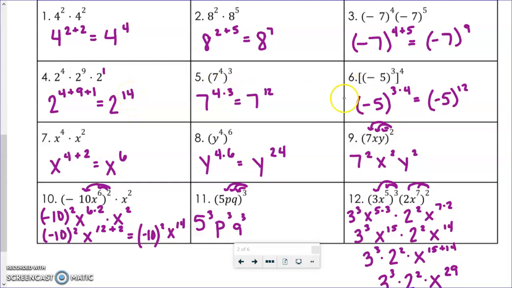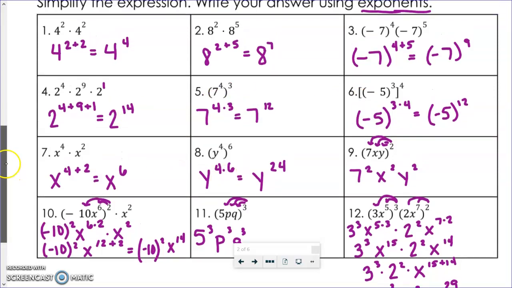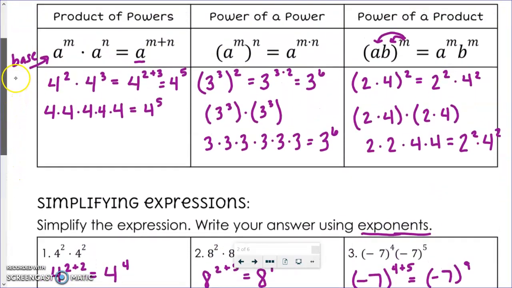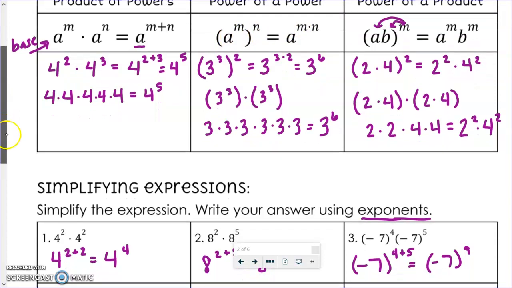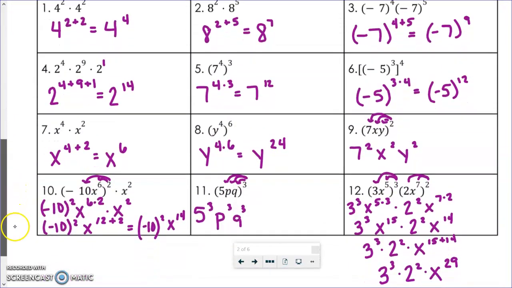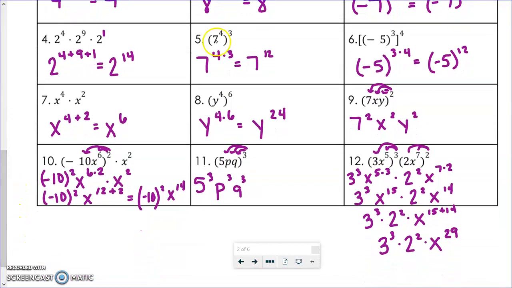Now, our next 4 here dealt with our middle rule, our power of a power, where we have something raised and it's being raised by a second power. So we keep that base and multiply our powers. So number 5, we would keep our base of 7 and multiply our powers to get 7 to the power of 12.